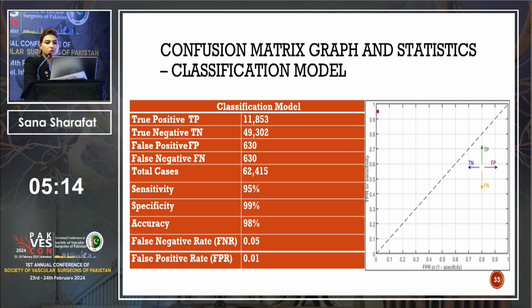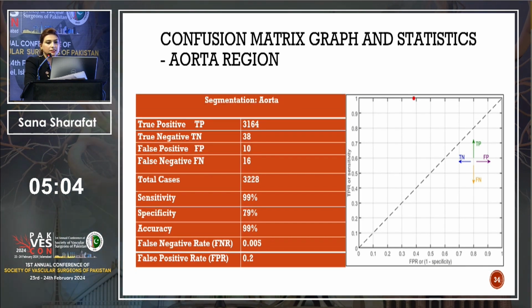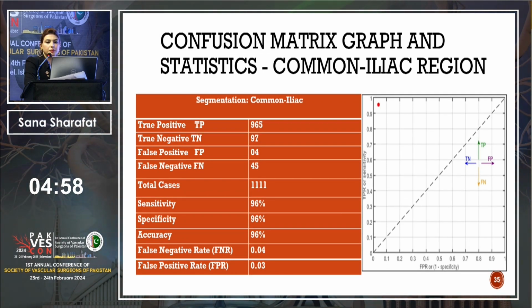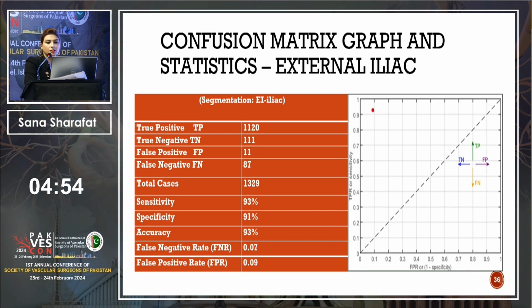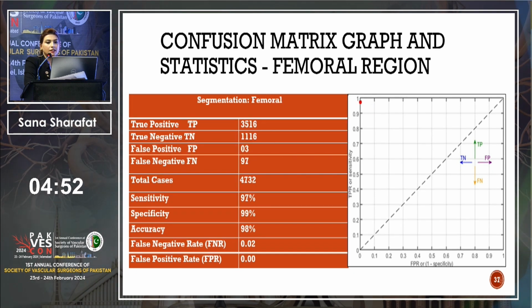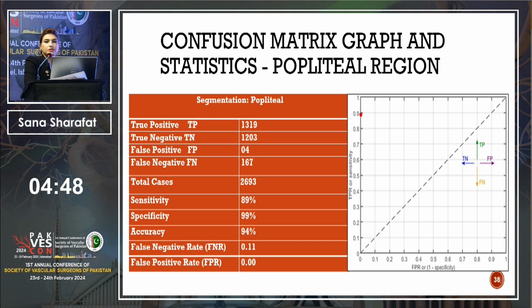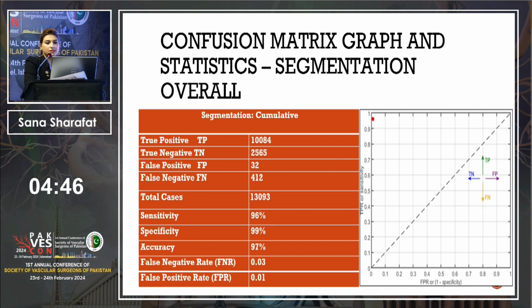Our AI system showed 95% sensitivity for the diagnosis of stenosis in all the cases, while the percentage and the length of stenosis were variable in the test cases. It was almost 99% accurate for the aortic region, 96% accurate for the common iliac region, 93% for the external iliac, 97% for the femorals, and 89% for the popliteal arteries.